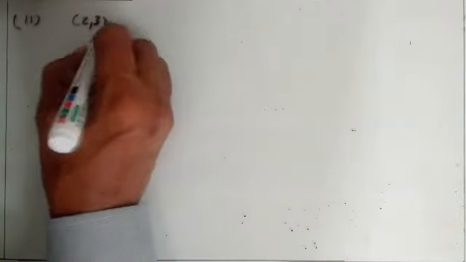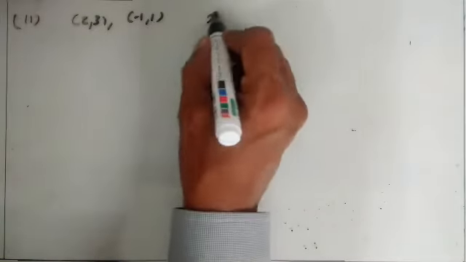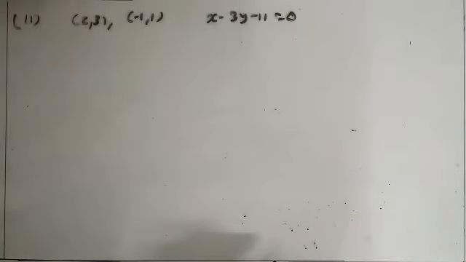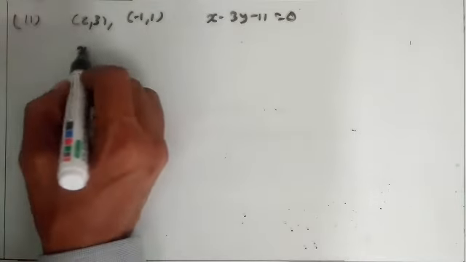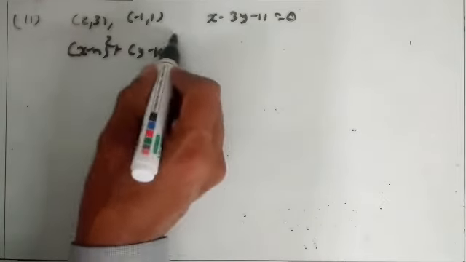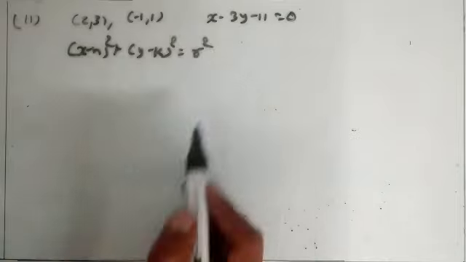Number 11. Find the equation of the circle passing through (2, 3) and (minus 1, 1) whose center is on x minus 3y minus 11 is equal to 0. Applying the same method, we solve this. First suppose the equation of the circle is (x minus h) whole square plus (y minus k) whole square is equal to r square.